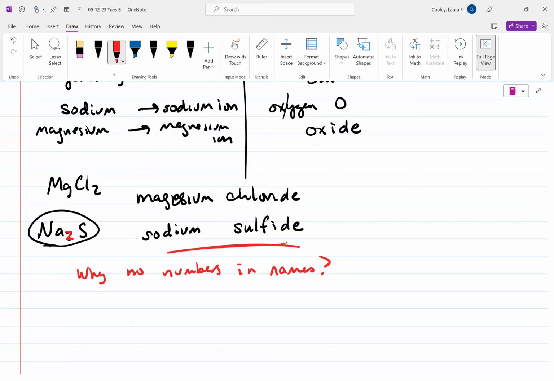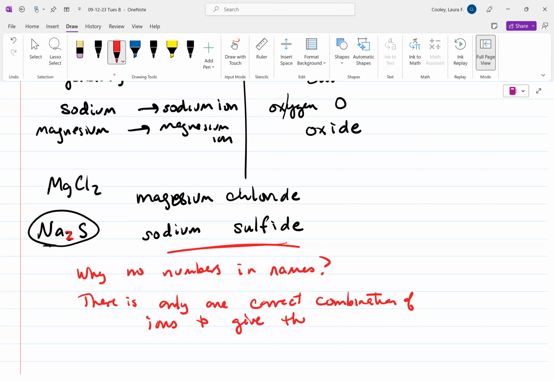There is only one correct combination of ions that gives you the simplest formula unit.